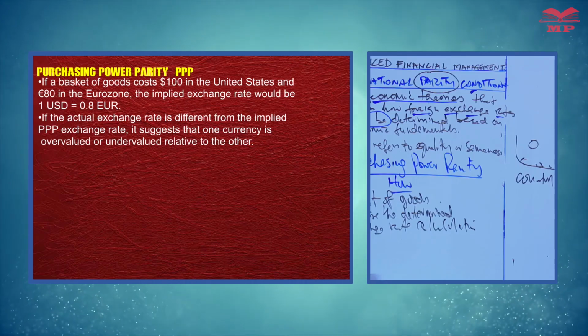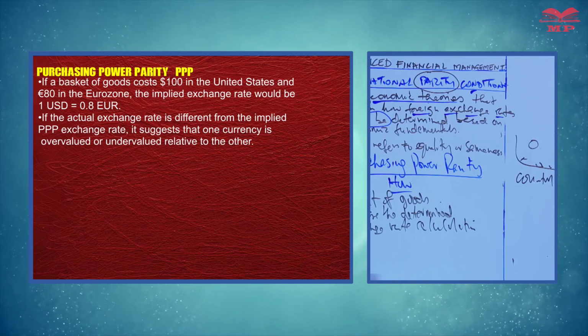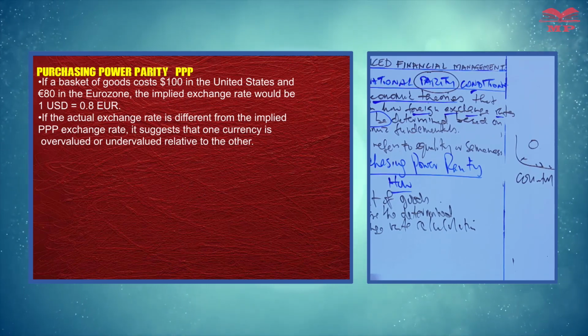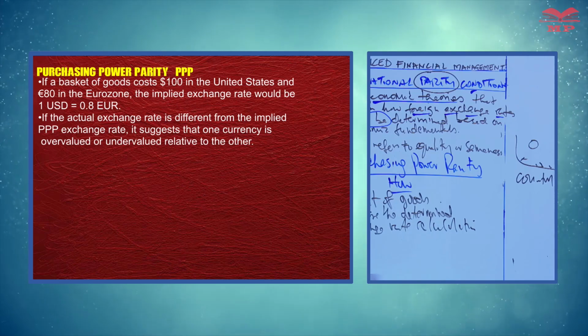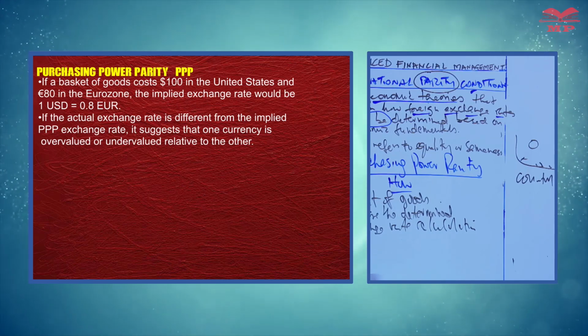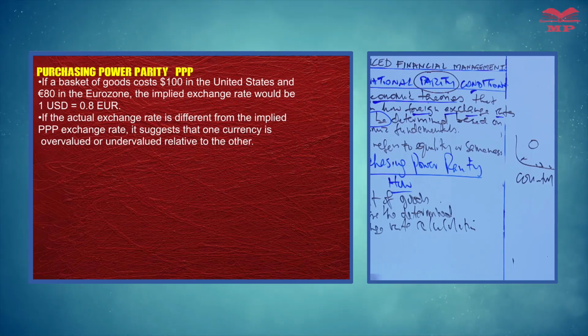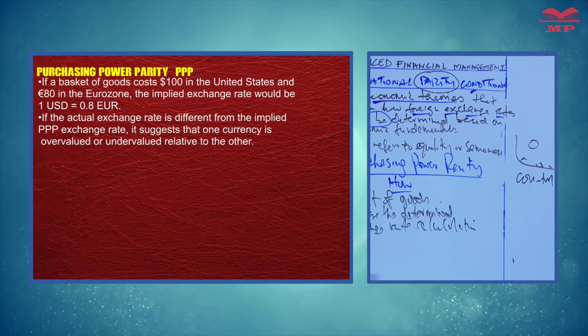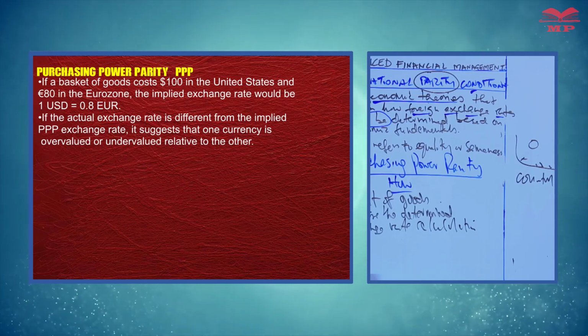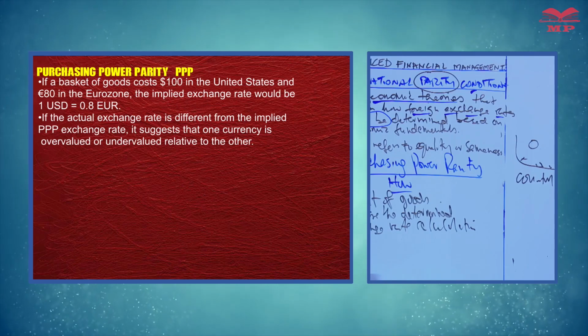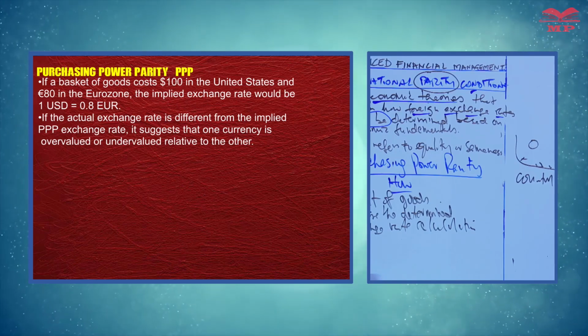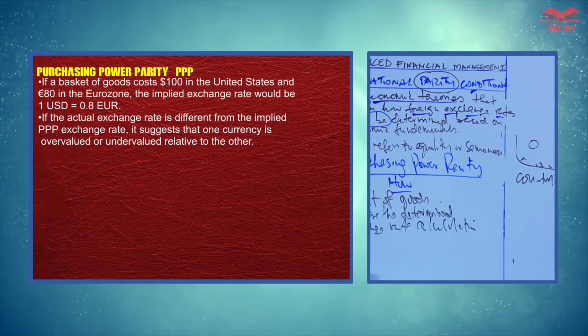If a basket of goods in the US is 100 US dollars, and the same basket is 80 euros in the Eurozone, then based on those prices, the exchange rate should be 1 US dollar being equal to 0.8 euros. You get the point.